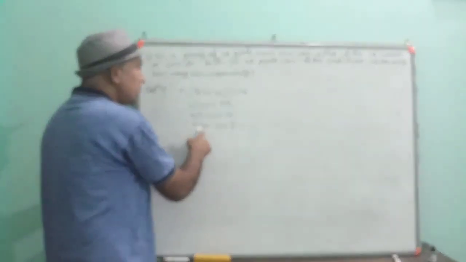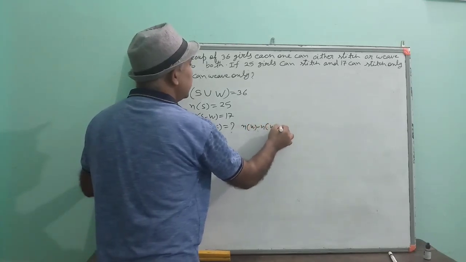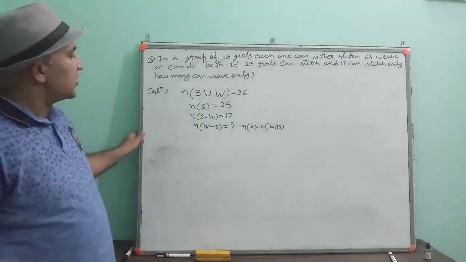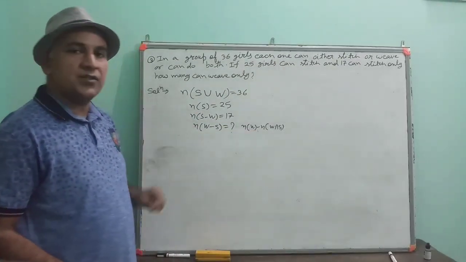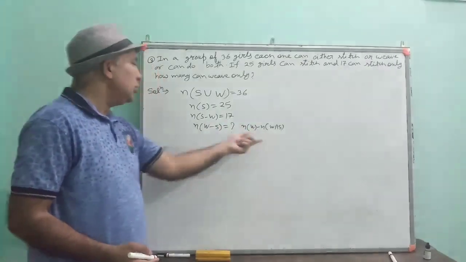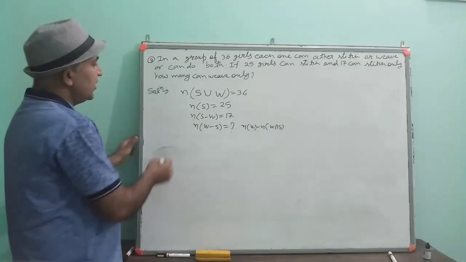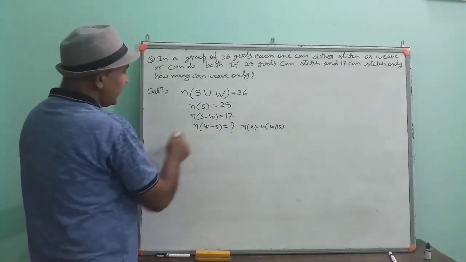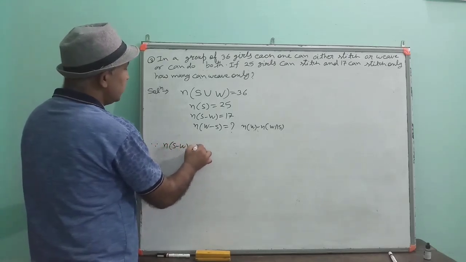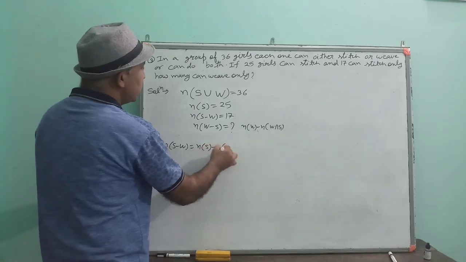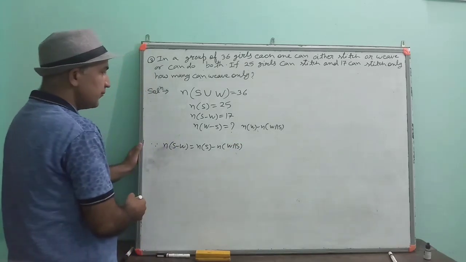Now what is the formula for this one? n(W) minus n(W intersection S). And you can see that in the given three points, two are absent. So first we will find these two, then only we can find W minus S. Now see, with the help of these two we can find the intersection, since n(S minus W) is equal to n(S) minus n(W intersection S).